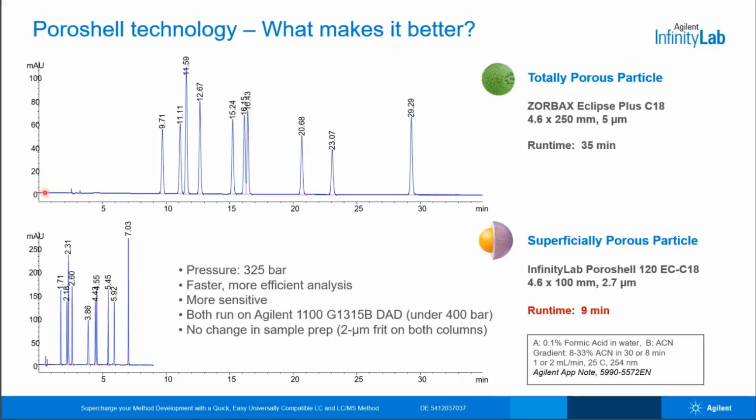Below is the same method with properly scaled gradient and flow rate run on a Poroshell column. It's a shorter column, but with the smaller particle size and superficially porous particle, it gives you a more efficient analysis with the same results in about 1/4 of the time. You'll also notice that it still operates at a pressure that is compatible with most HPLCs.